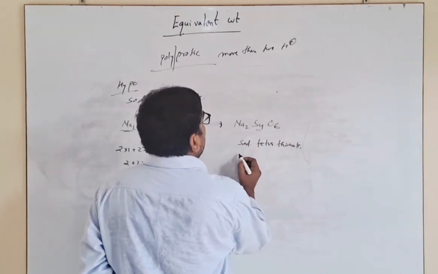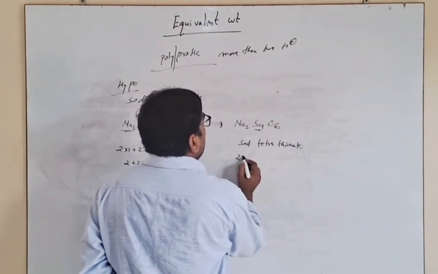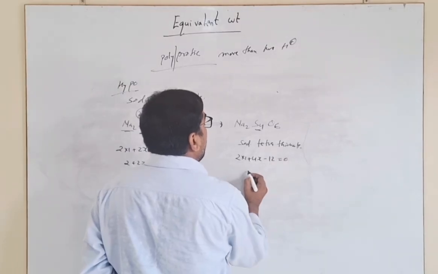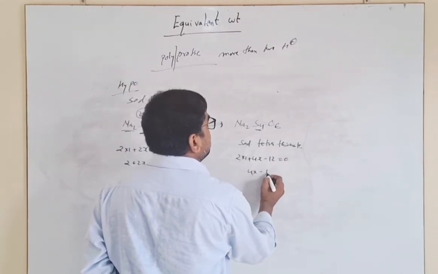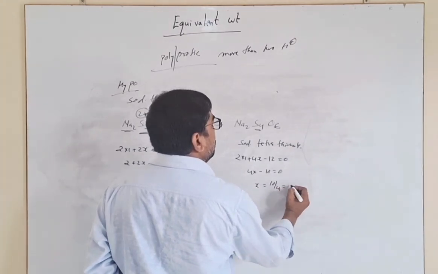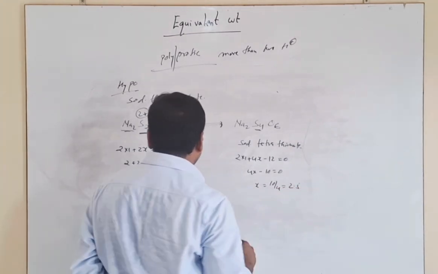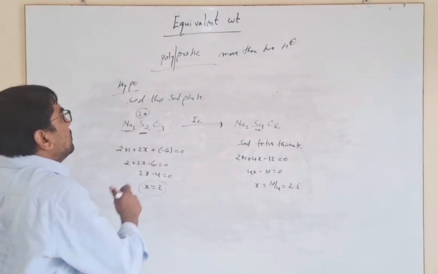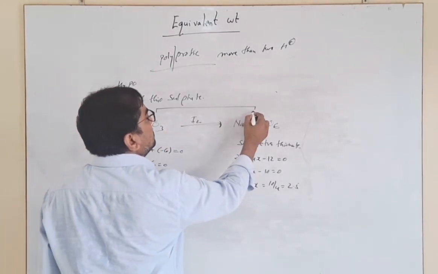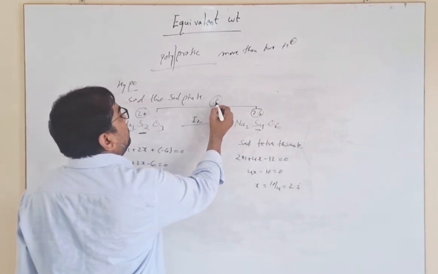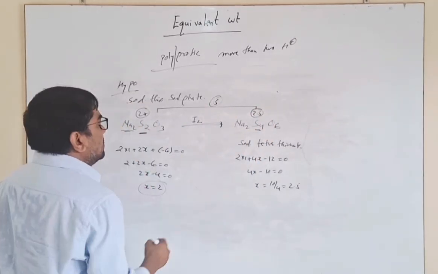And here 2 into 1 plus 4x minus 12 equal to 0. So 4x minus 10 equal to 0. So x equal to 10 by 4 equal to 2.5. So per sulfur atom the change in oxidation number is from 2 to 2.5. So it becomes 0.5 per sulfur atom.